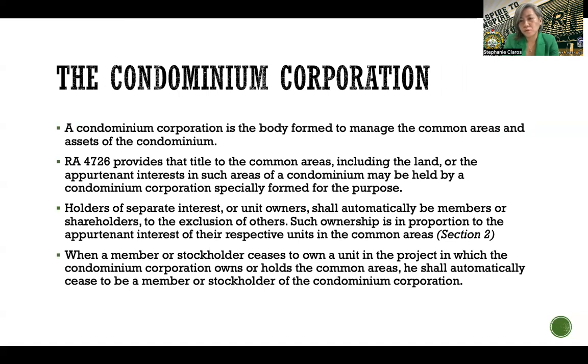So condominium corporations are typically formed to manage common areas and assets of the condominium. The unit owners shall automatically be members or shareholders to the extent of their interest.